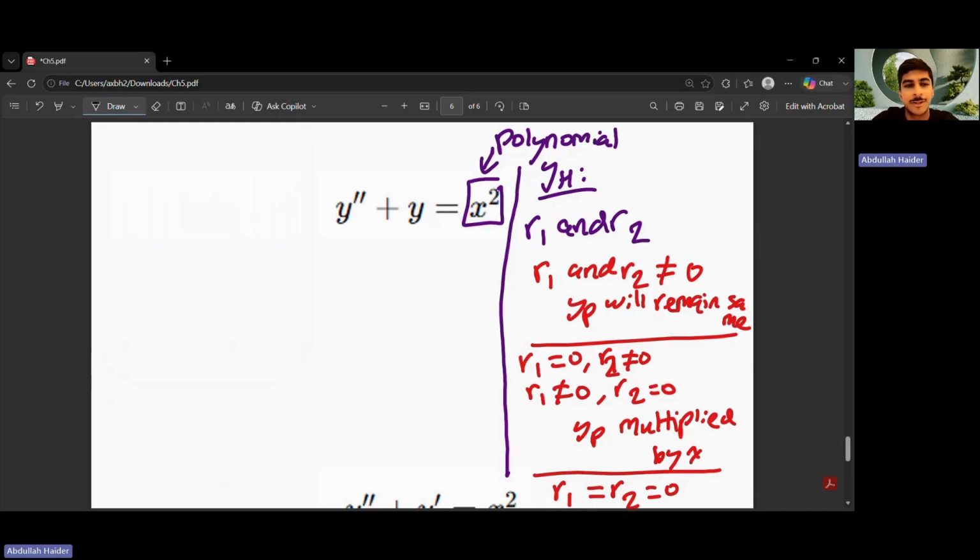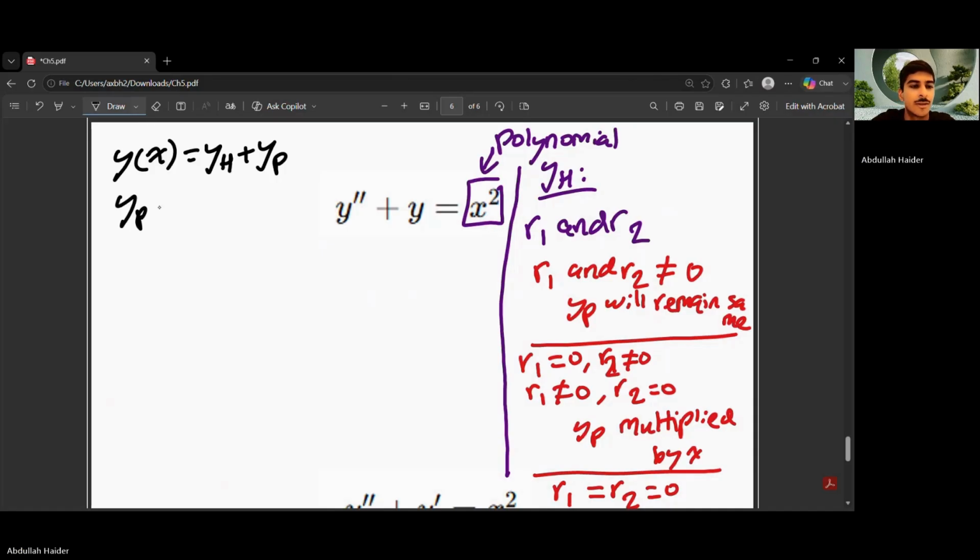This is a polynomial on the right side, so you will find y of x, which is yh plus yp. So the yp for all polynomial functions is equal to the highest degree polynomial.